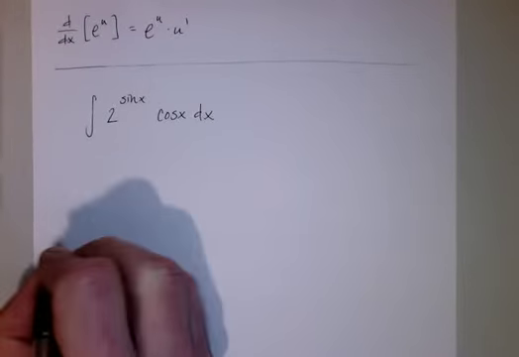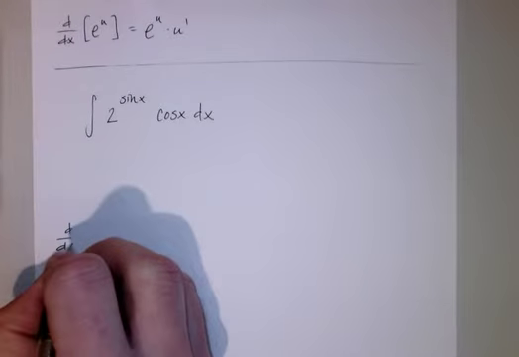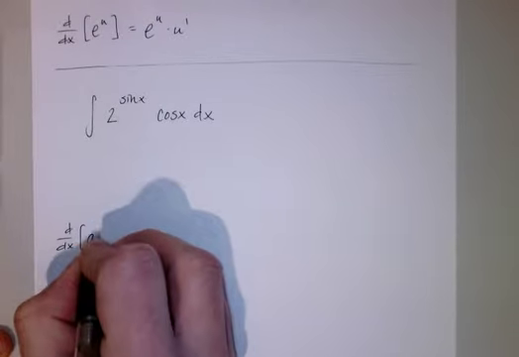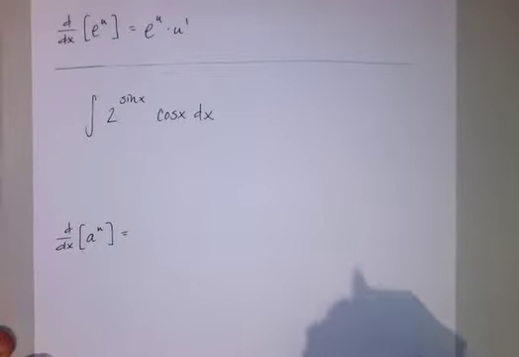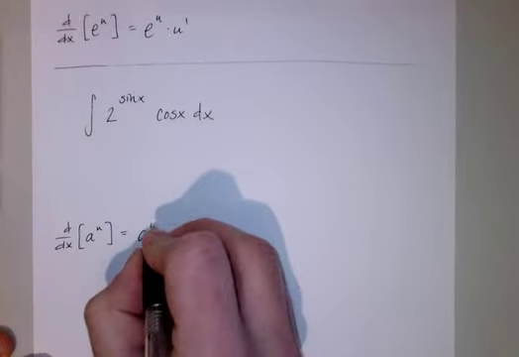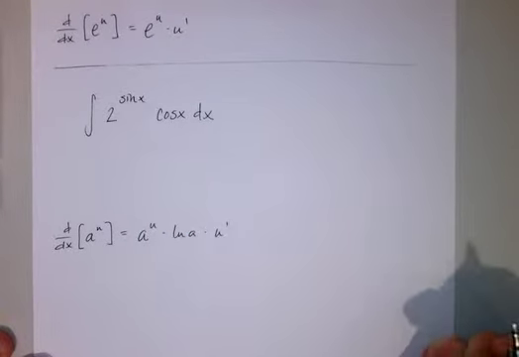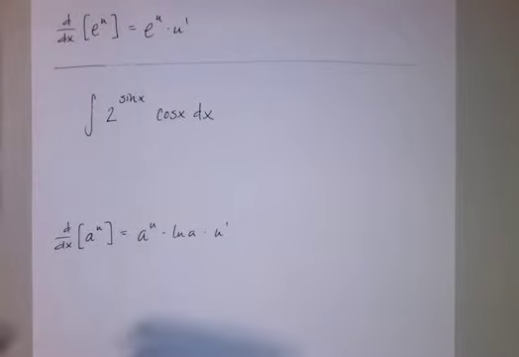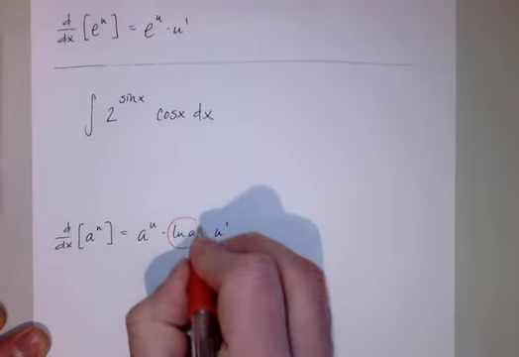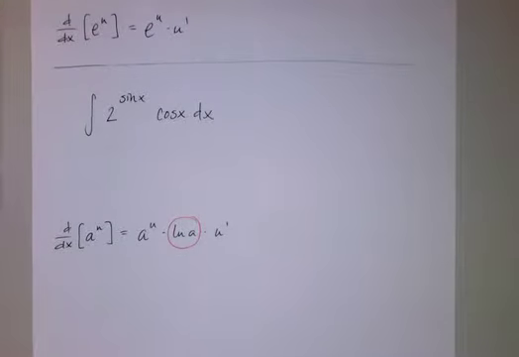Now remember that when we were dealing with the derivative of a to the u instead of e to the u, you had a to the u times natural log a times u prime. Okay, so we are going to have to provide that as well as making sure that we have the u prime in order for my integrand to be complete and therefore for the integral to be capable of being integrated.